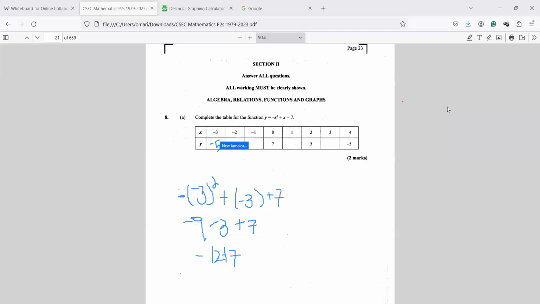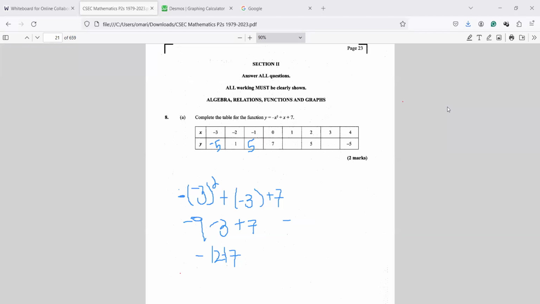And you would repeat that process to find the other values. So in this case, we would get -1, minus 1, that would give us -2. -2 plus 7, that's +5. So 1 squared, -1 plus 1, that's 0.